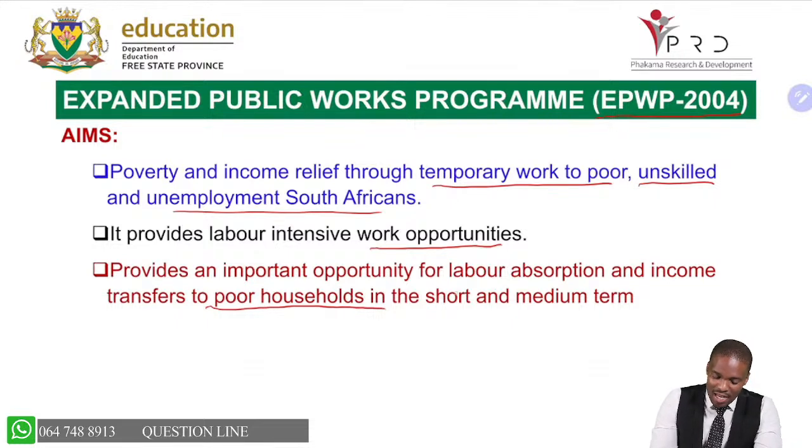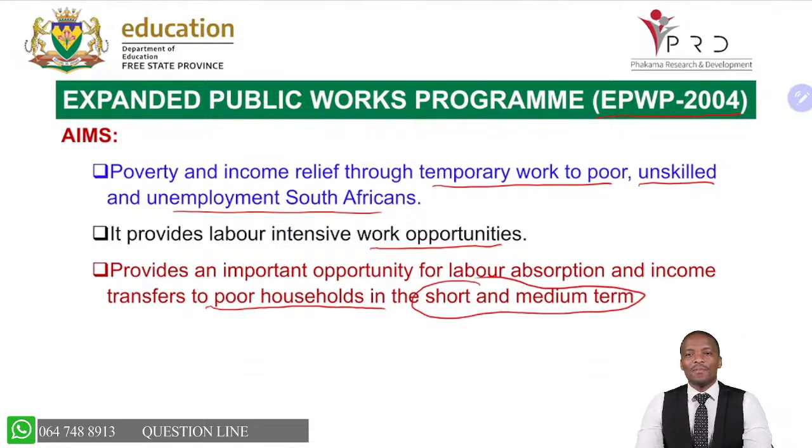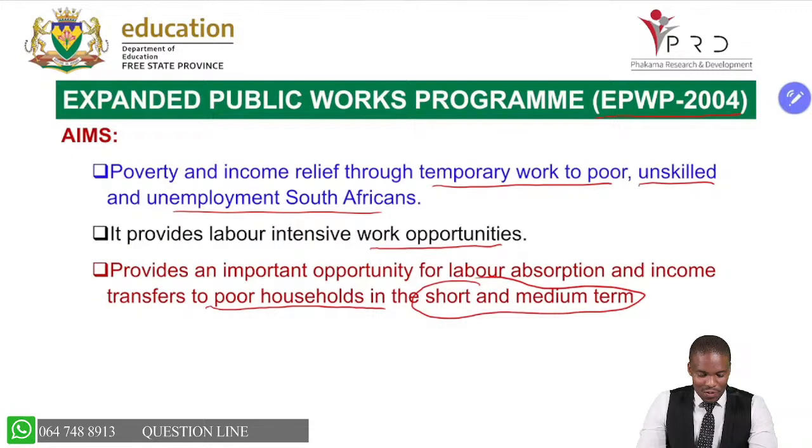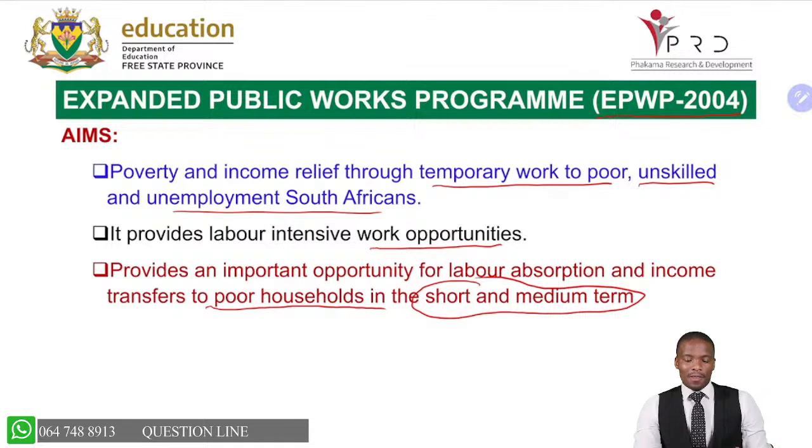However, here's the catch: it is for short and medium term. It is not long term, it is not permanent. So if we're to evaluate this EPWP, you would be saying, yes, in a short period of time, people are employed, they will be able to participate in the economy by buying goods and services. However, it is there only for a short period of time.